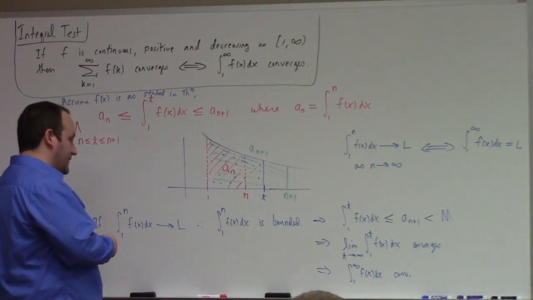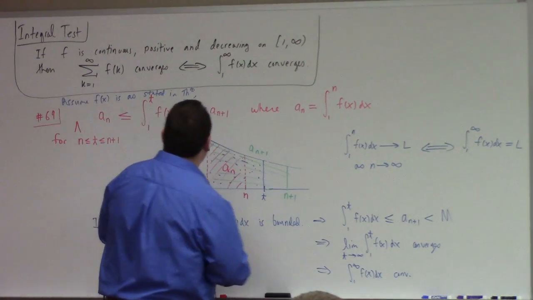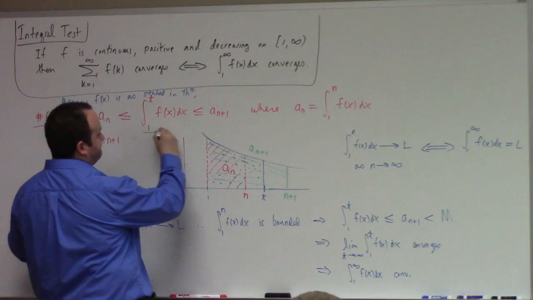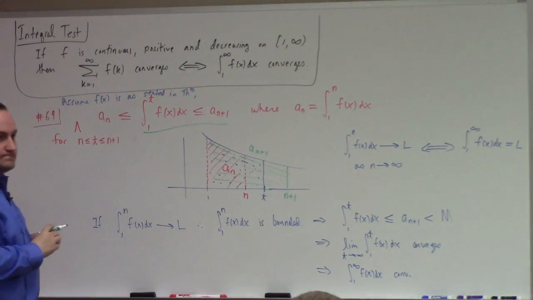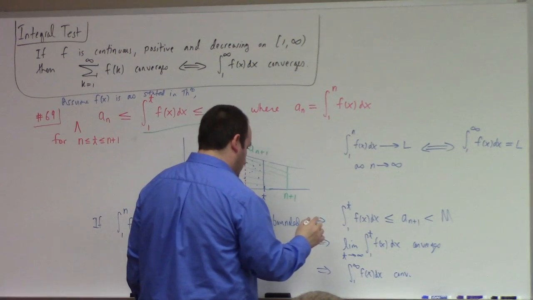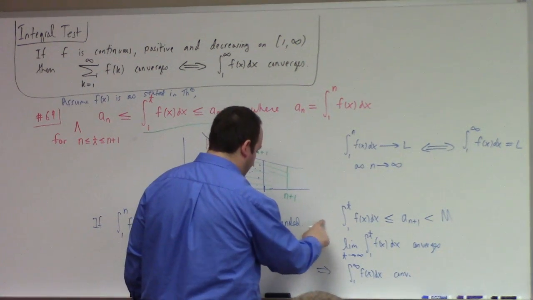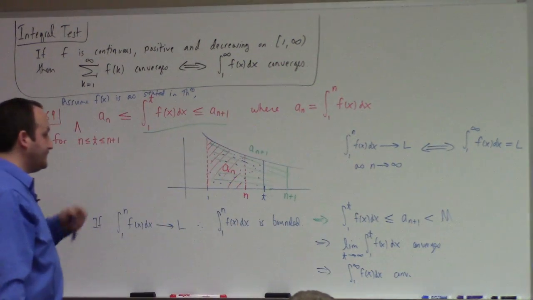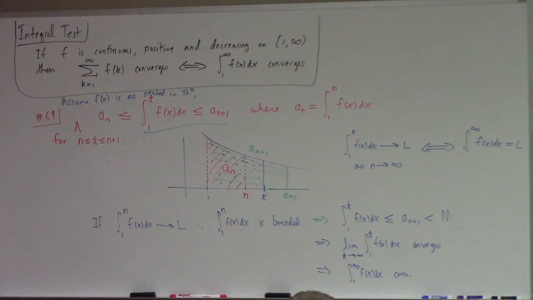What I'm using for this argument, I'm exploiting which part of the inequality? I'm exploiting this half of it. I used it right here, maybe the next one too.